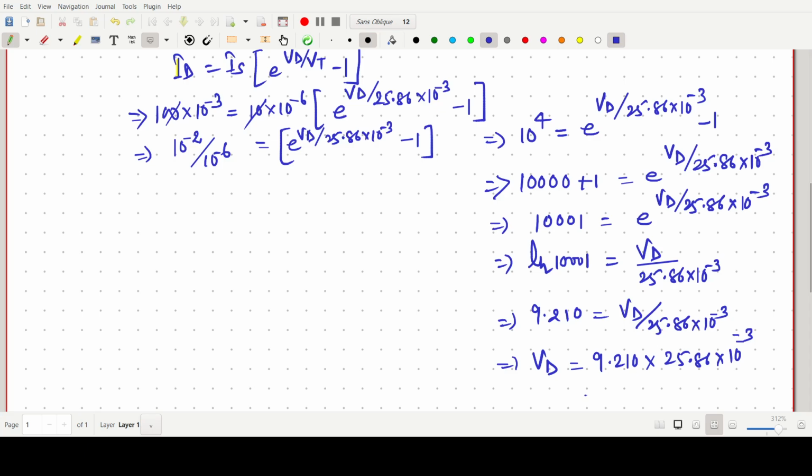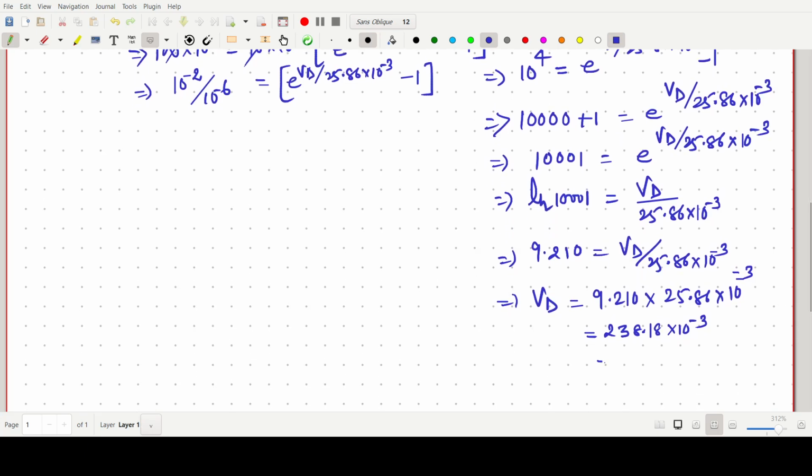Okay, so if we solve this one, it will nearly come to 238.18 into 10 to the power minus 3, or simply, if in the question we have to write in volt, so it should be 0.238 like this. So our answer will be nearly 0.23.